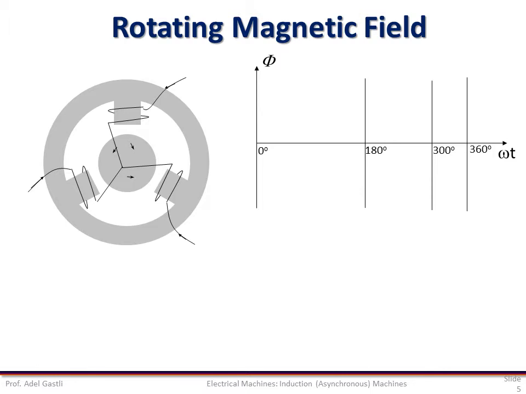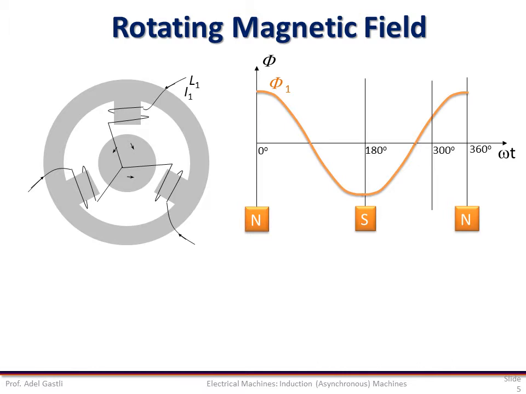To explain why and how this magnetic field rotates, we will consider step by step what happens inside the stator of the machine. Let us consider only one phase winding. A magnetic field is induced when one of the phase windings is connected to one of the phases of the supply voltage.